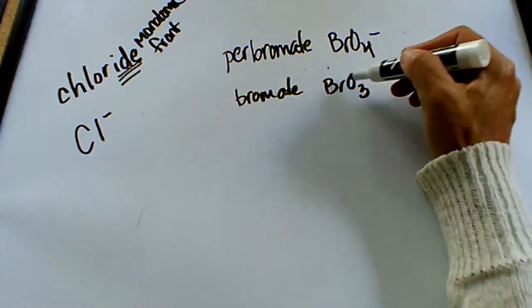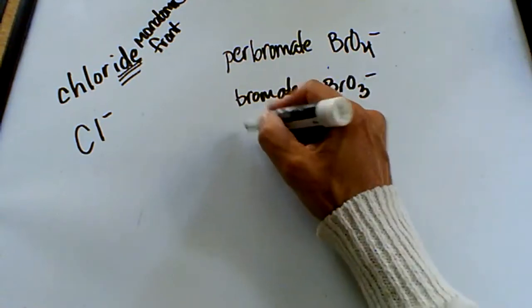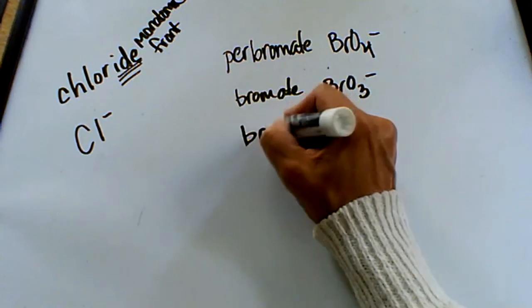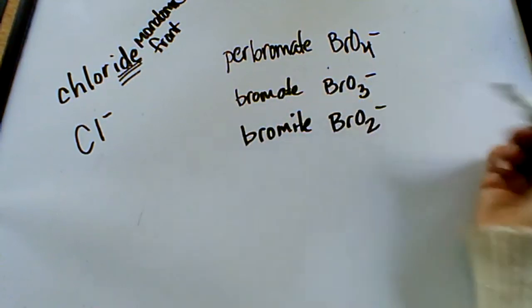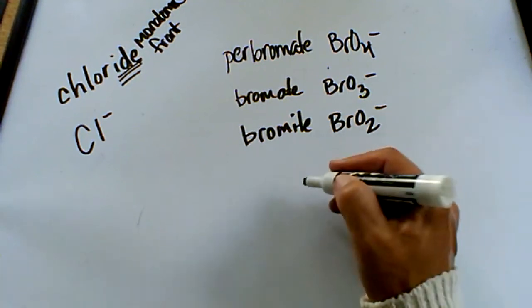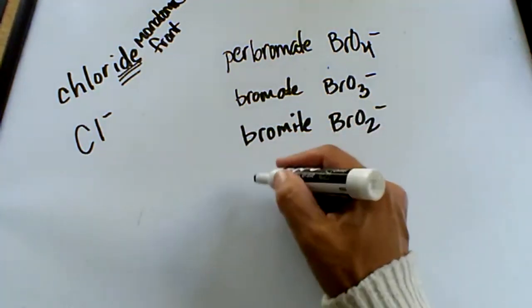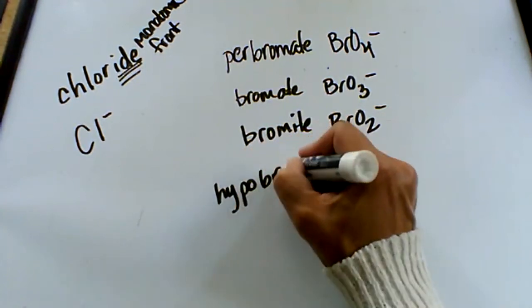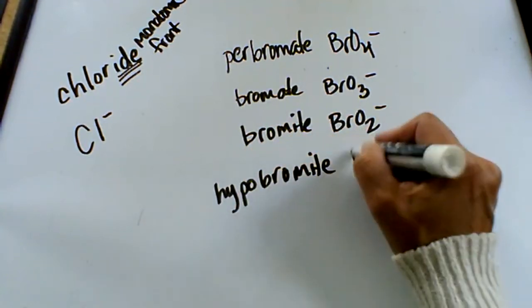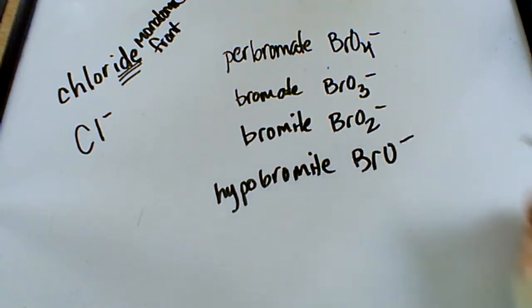I could have 1 less oxygen, and then my ate turns into an ite, and that's BrO2 negative. Or I could have even another less oxygen, and then I get the prefix hypobromite, and that's BrO negative.